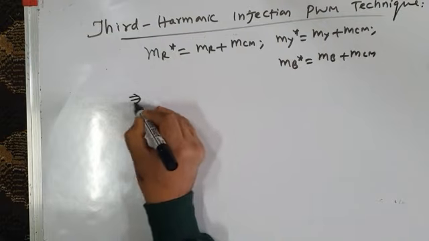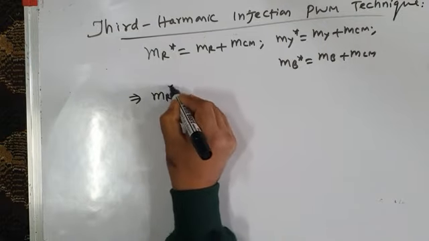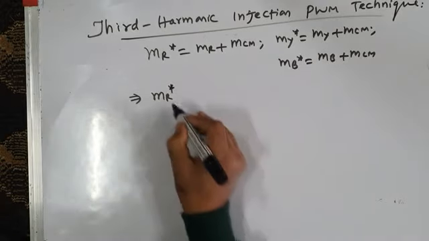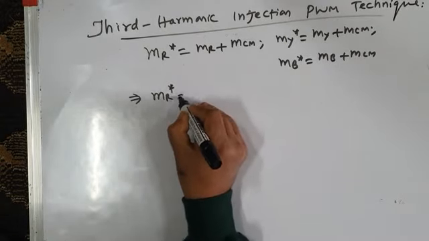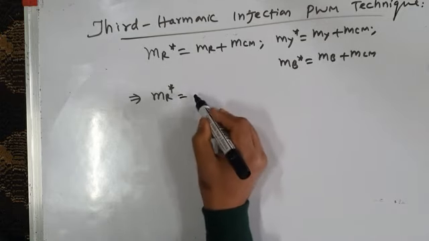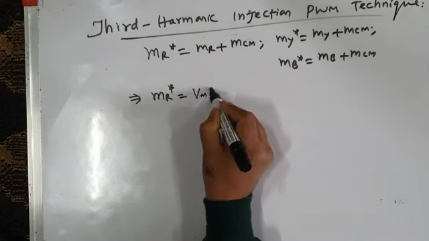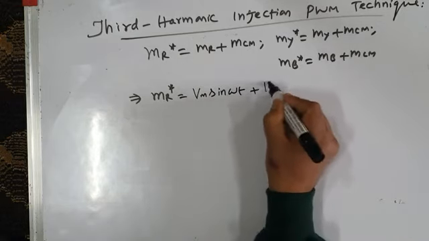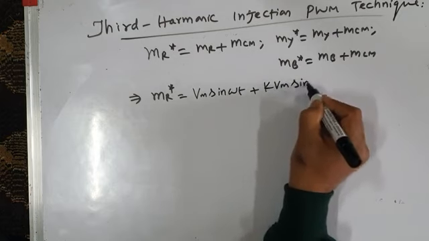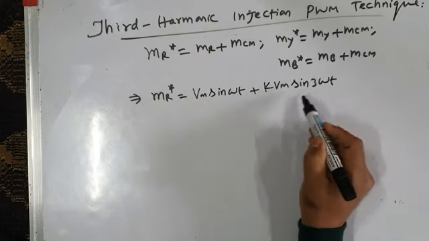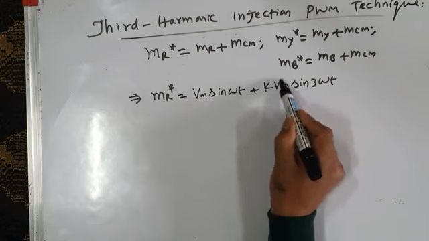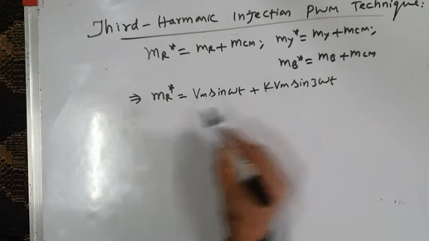We can write these modified target reference waves or modified modulating waves, MR star, MY star and MB star, like this. Let us write first MR star. MR star is the original modulating wave, which is Vm sine omega t, plus, with third harmonic injection PWM, the common mode signal K Vm sine 3 omega t. The frequency of the third harmonic wave is 3 times the fundamental frequency, that's why I have written sine 3 omega t. Its amplitude is not Vm, it's a fraction of Vm, K times Vm.